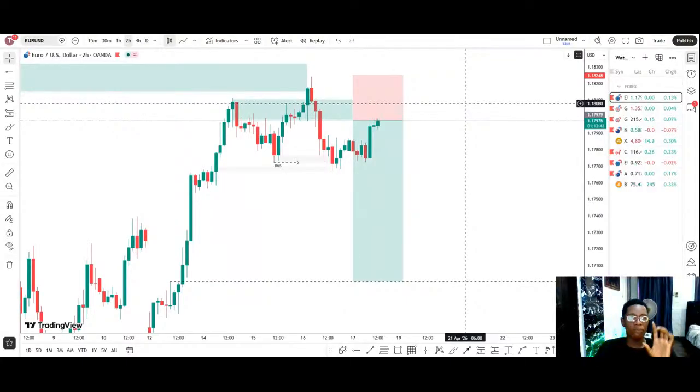Remember, trading is a probability game. So if you're taking this trade, make sure you apply proper risk management, because that's the only thing that will keep you going on the chart, right? Regardless of your account size, risk management is what will prevent you from blowing your accounts early, most especially if you're in your learning stage. Risk management will help you not to just deposit and then burn off your money.